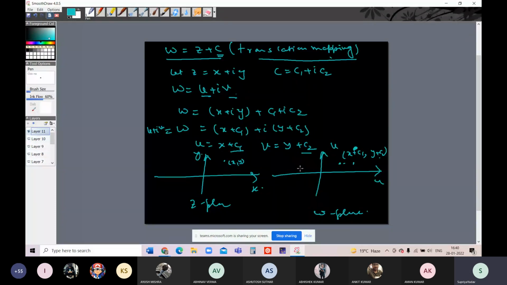Here the point simply translates from its original position in the direction of the vector c, and this vector c is c1 plus ic2. तो इसी तरह अगर हम यहाँ पे कोई फिगर या कोई रीजन भी लेते हैं, that region will again translate from its original position in the direction of this vector c1 plus ic2. Okay, that's why it is called the translation map.